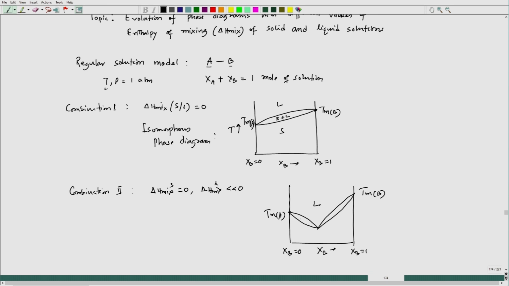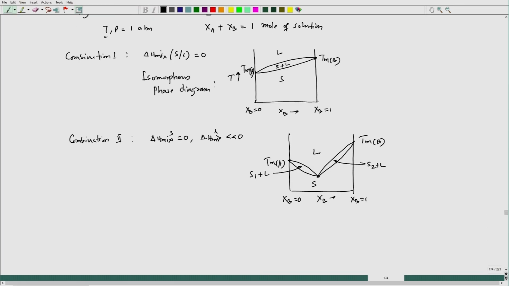This is liquid, this particular field is S1 plus liquid, this particular field is S2 plus liquid. We have a lowest point which is below the melting point of A also, and this is the solid side. That is the phase diagram we get.